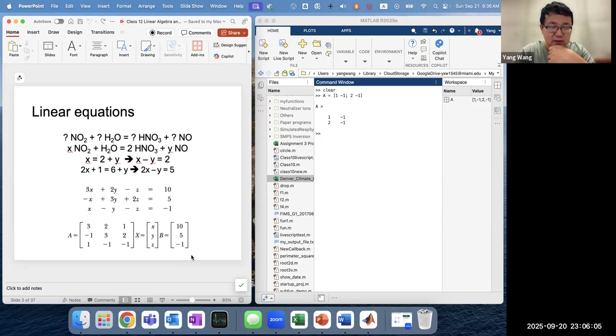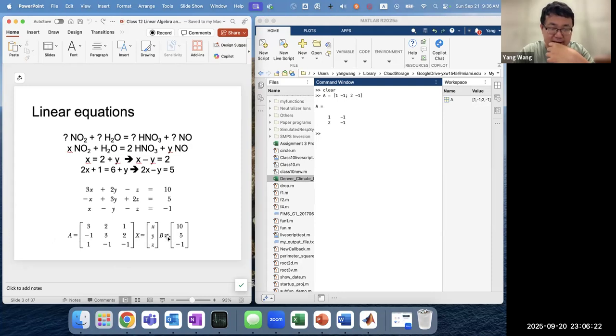Right. So then you can use the calculation. Basically, the most direct way to do the calculation is to use the inverse of A, right? If you do the inverse of A, then inverse of A multiplied by A equals just 1.